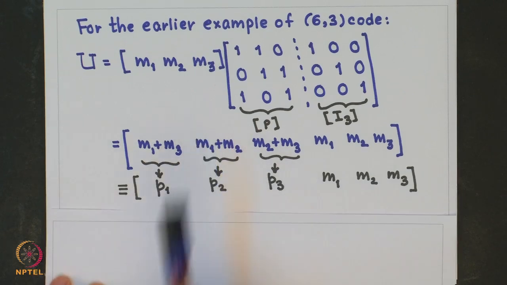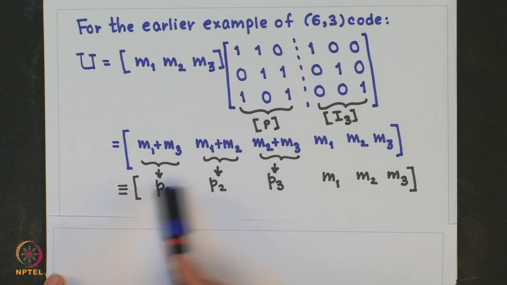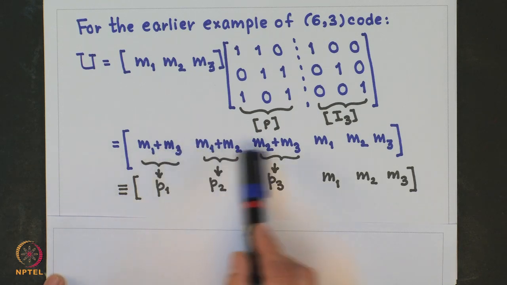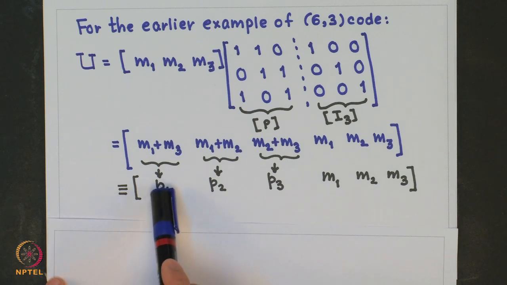So, this example shows how the parity bits are obtained by linear combinations of the message bits. So, these parity bits in fact provide the ability for error correction and error detection.